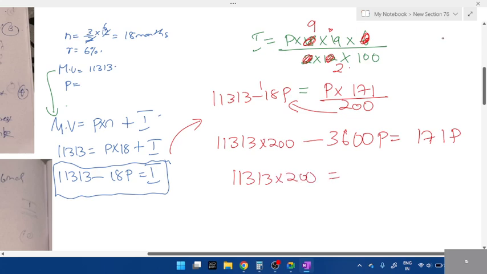Minus goes to the other side, becomes plus.